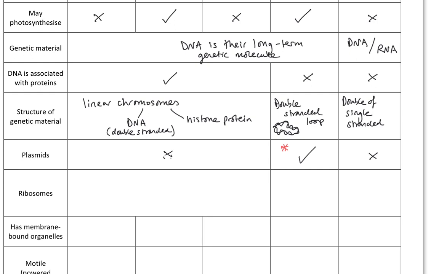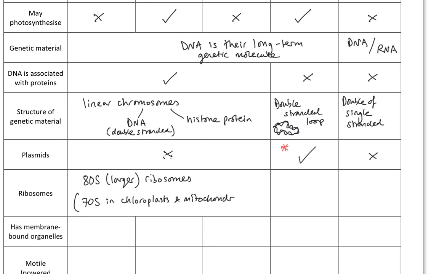Ribosomes, I've got a big spot for this because they have 80S. Oops, let's stick in a black pen for consistency. So they have 80S, which are larger ribosomes, but they do have 70S in chloroplasts and mitochondria.